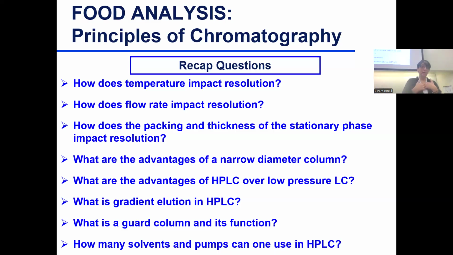If you have, like we have in our lab, 2 pumps and 2 reservoirs, that means each pump is pumping 1 solvent or 1 mobile phase and then mixing them under pressure before they go on to the injection port and down to the column. I've seen a maximum of 4, and as low as 1 if we are just having isocratic elution. Okay. Very good. Any question on anything?